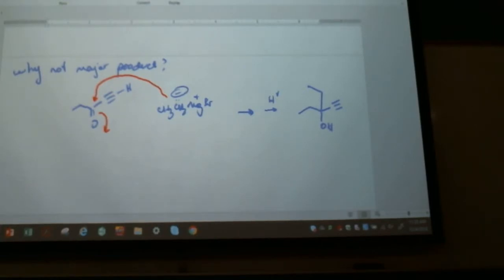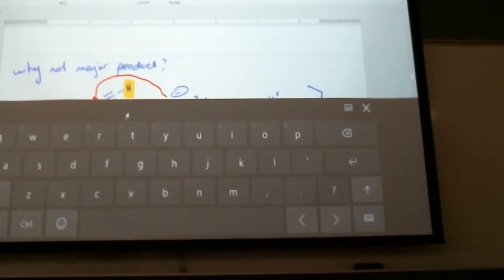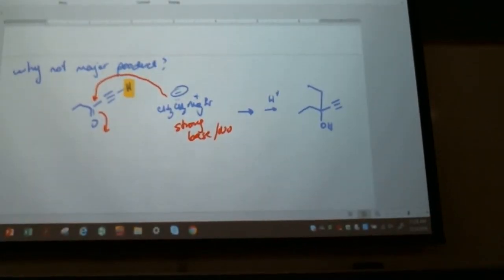You have a strong base, as well as a nucleophile, and you have an acidic hydrogen. So, given a competition between an acid-base reaction and a nucleophile addition to something that's in the middle of the molecule, trust me, the acid-base is going to win.